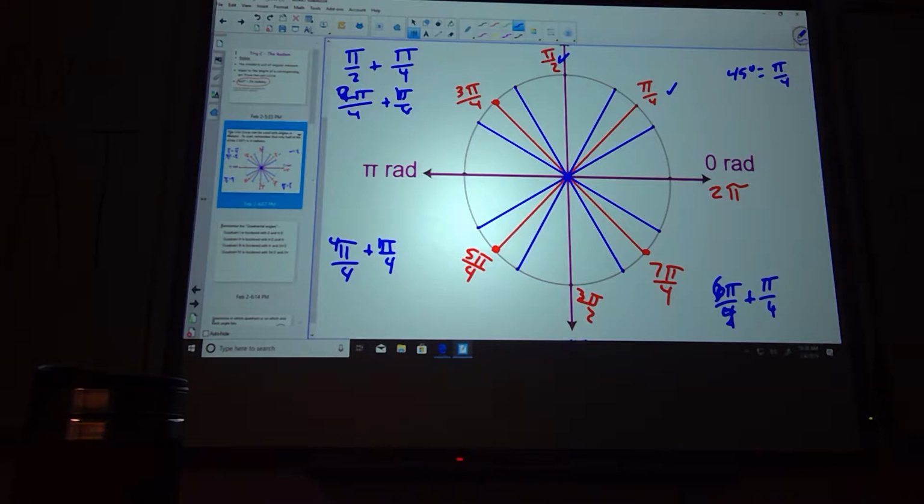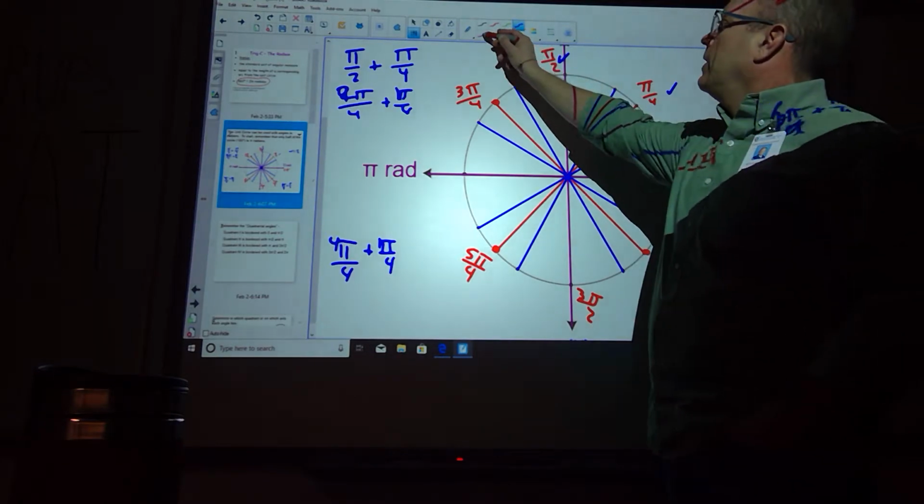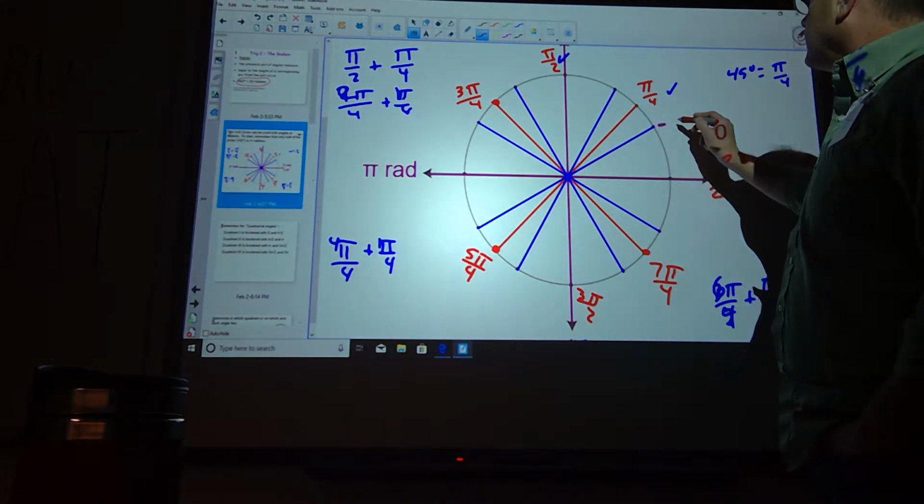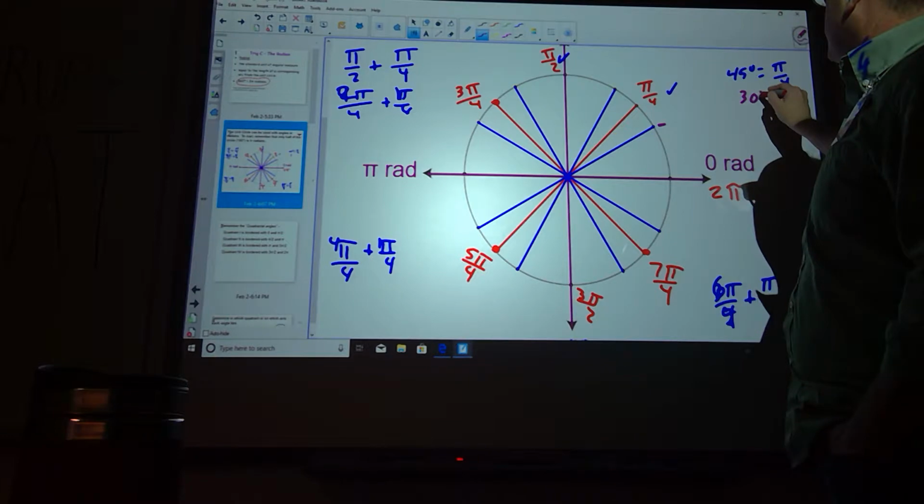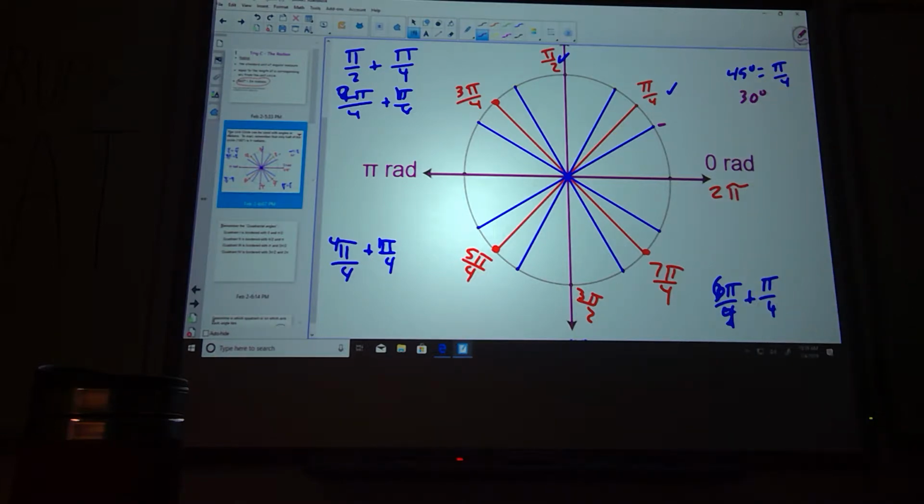Where do I want to go next? 30-degree angle. Let's do this 30. So that was a 30-degree angle. 45 is already the red. 30-degree now.